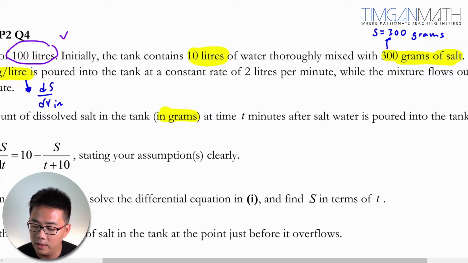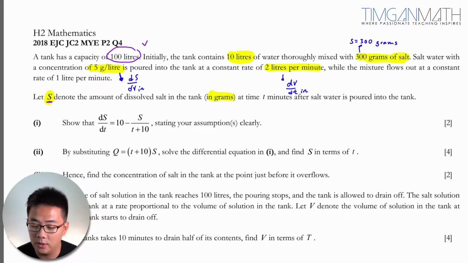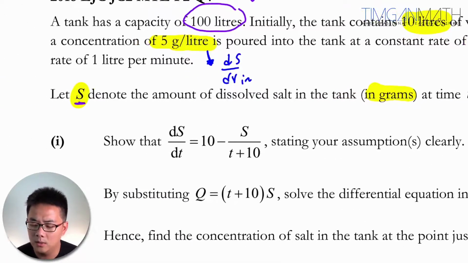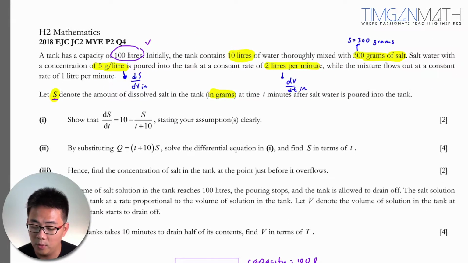And it's poured in at a constant rate of 2 liters per minute, which means this is dV/dt in. While the mixture flows out at a constant rate of 1 liter per minute.